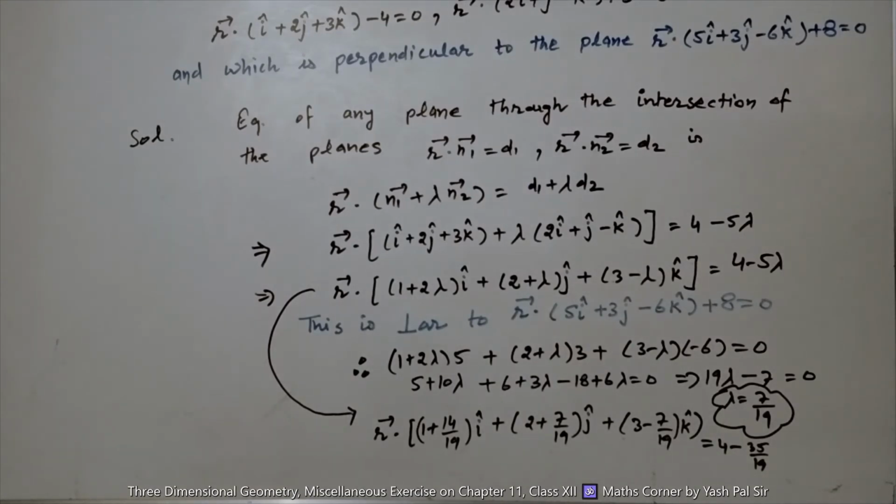Right? So this way we have r dot (19 plus 14) 33 i plus (38 plus 7) 45 j plus (19 into 3, 57, minus 7) 50 k is equal to 19 into 4, 76, minus 35, 41.